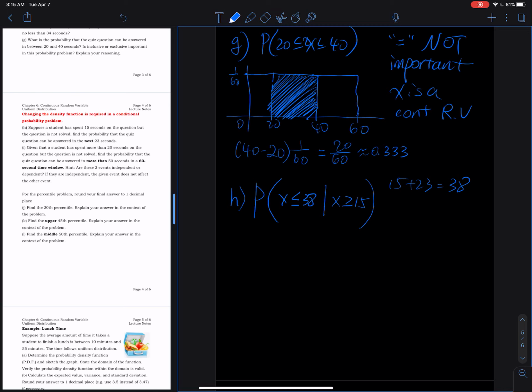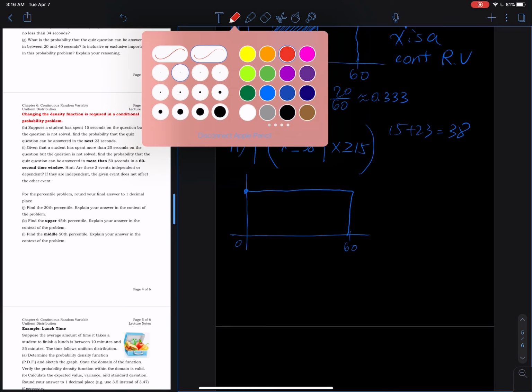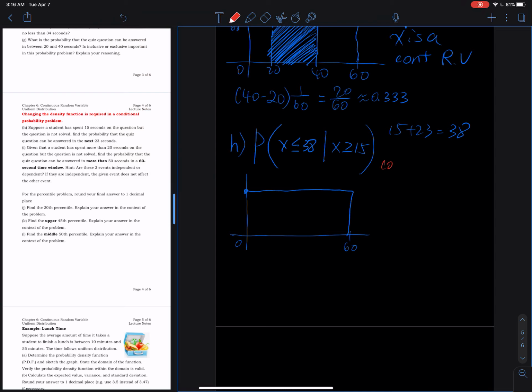All right, let's draw the graph from 0 to 60. And then here is my rectangle. Do not put the height yet. We have to change the PDF. That is so important. I am going to do this in red. So this is a conditional probability.